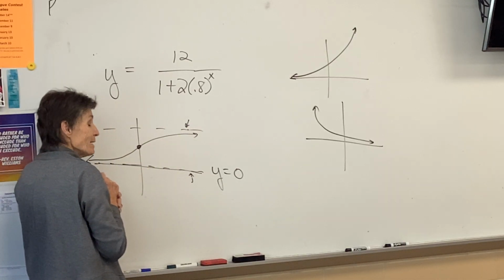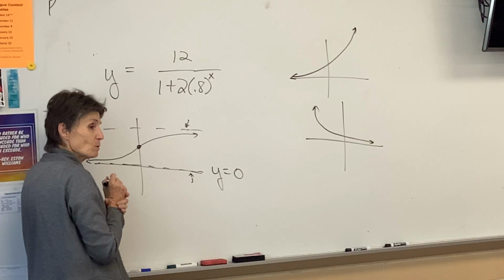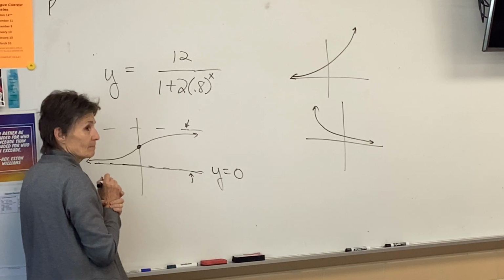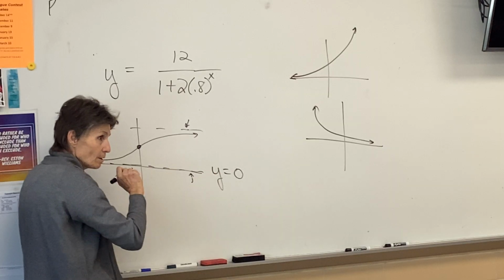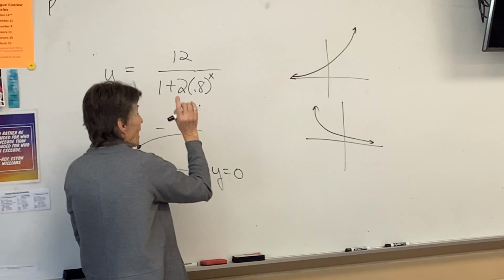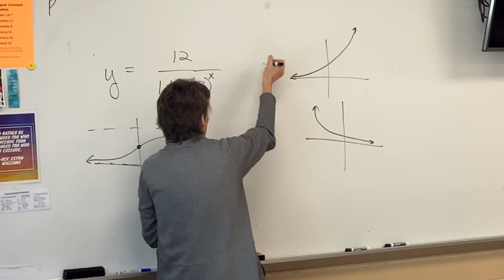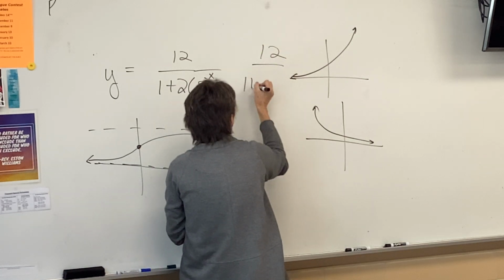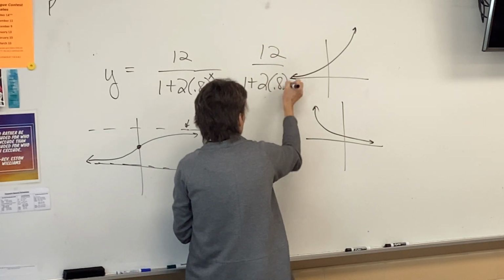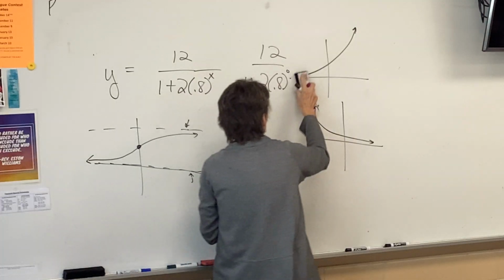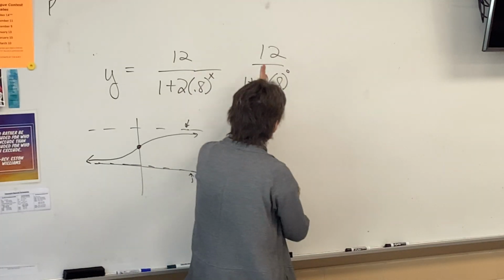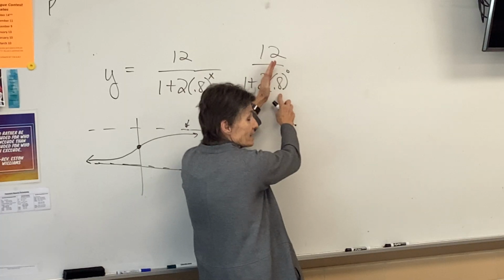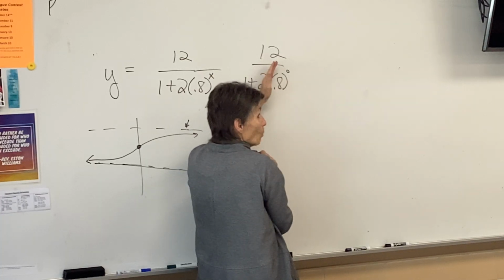Now, y-intercept is easy. How do you find the y-intercept with anything? Plug in 0. Plug in 0 for x. So if I plug in 0 for x, what happens here? What is 0.8 to the 0? 1.